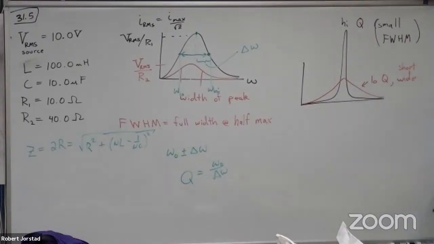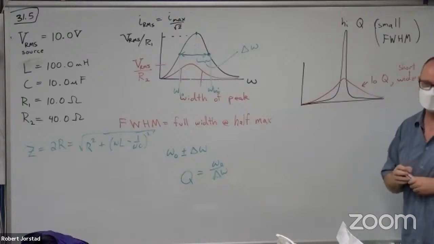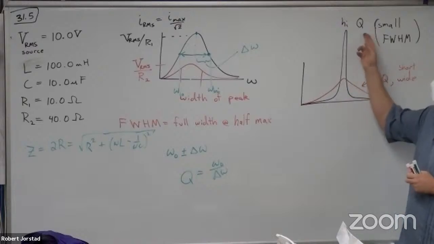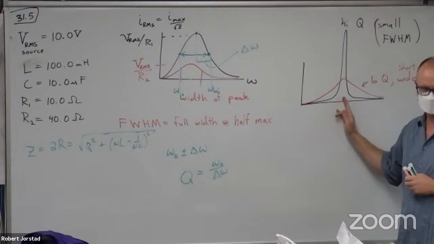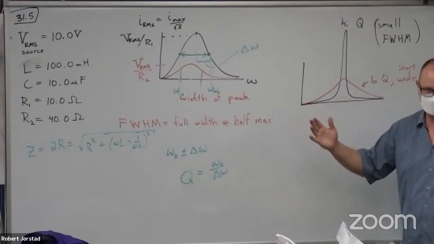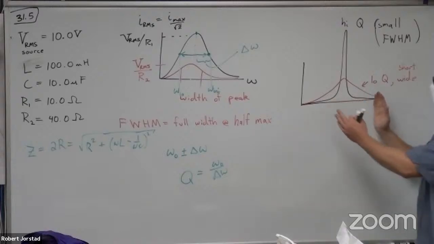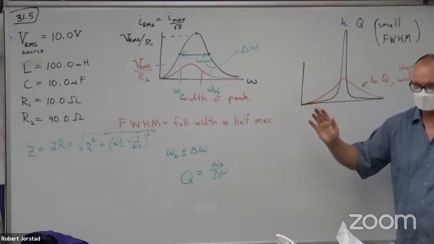Now, different types of scenarios, different types of physical situations, you might want to use a high Q or a low Q circuit. I'll give you an example. Radios. Radios, you want a very high Q circuit. You want to tune in on one radio station, not multiple radio stations at once. So you want to have a very narrow delta omega so that you can get exactly the frequency you want and filter out all of the other ones.